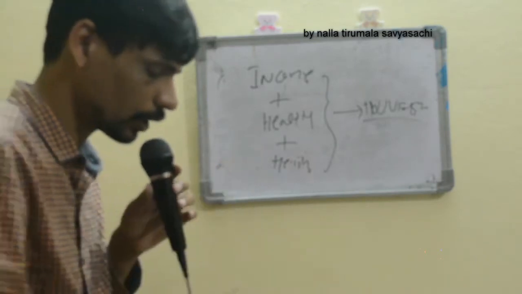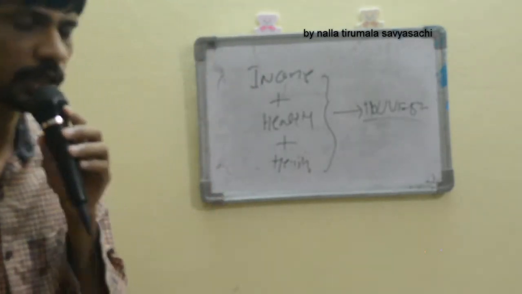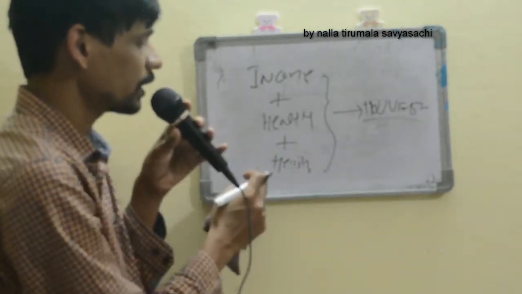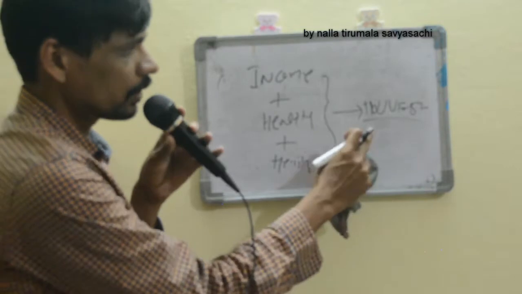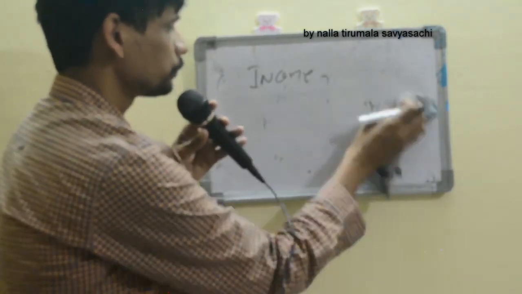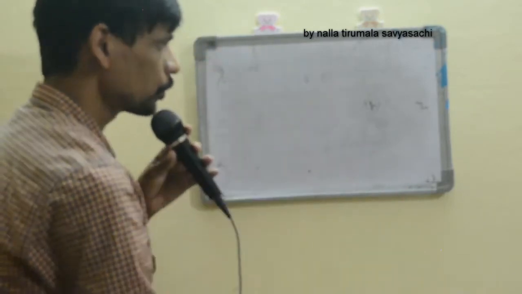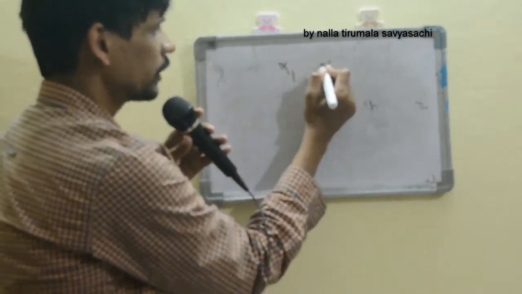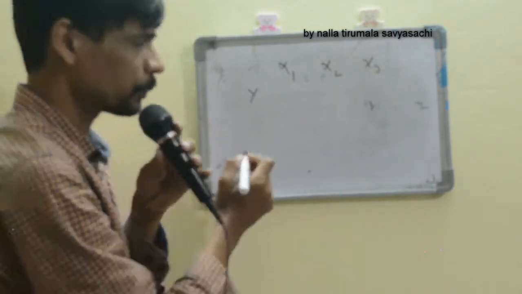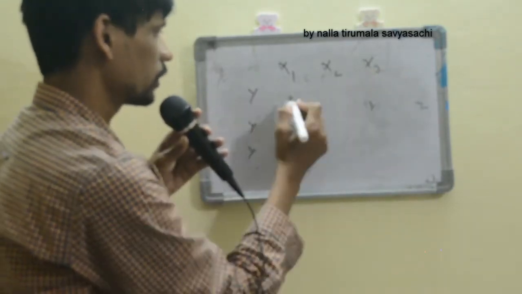That is what linear regression is basically. So in our case we have income, health and height as independent variables and your investment is the dependent variable, right? So our x1, x2, x3 are the independent variables and this is our dependent variable y.